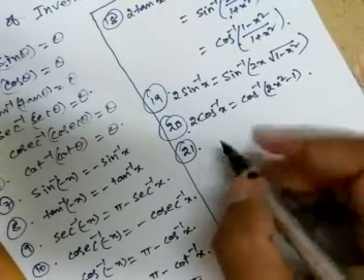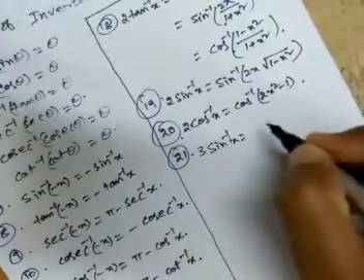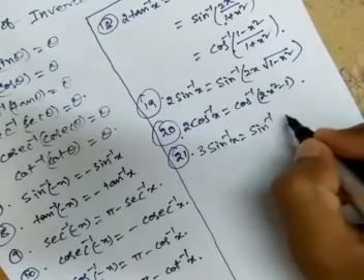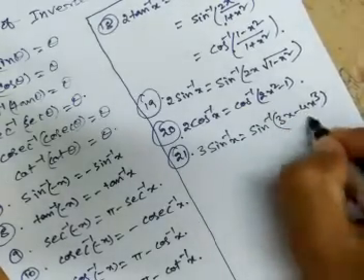Next, 3 into sine inverse of x equals sine inverse of 3x minus 4x cube.